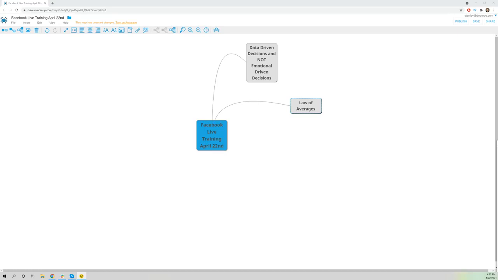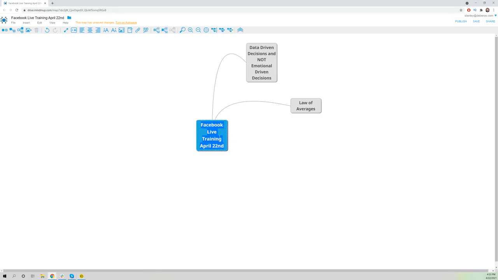But if you do that same test over 10,000 coin tosses, that percentage will get closer and closer to 50%, which is the actual chance of landing on heads. So the law of averages tells us that the bigger the sample size, the more accurate the average is. That's also an important reason why we need a CPA rule.